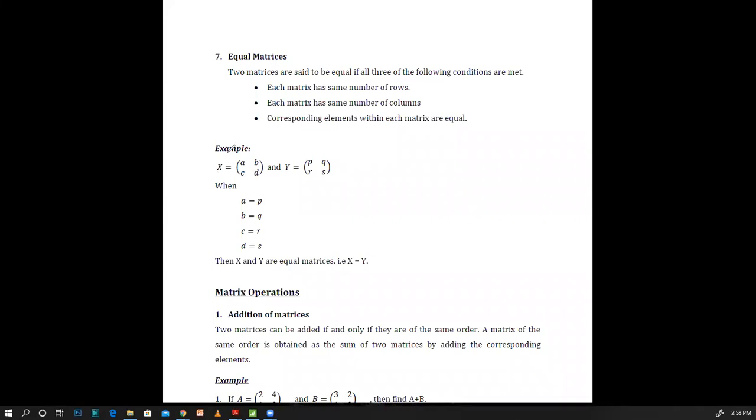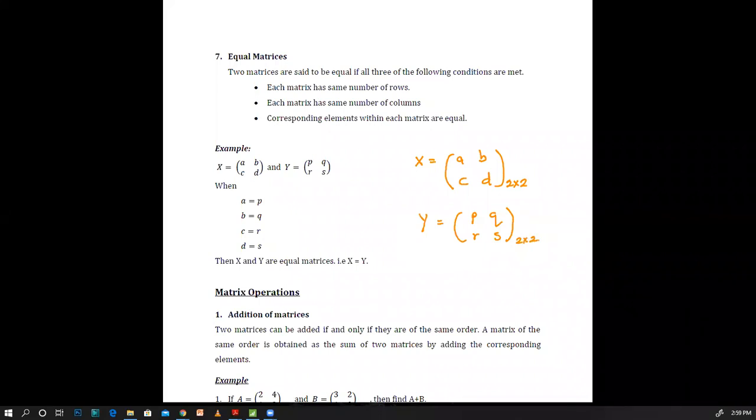They are saying that the matrix X is given with the elements A, B, C, and D, while the matrix Y has the elements P, Q, R, and S. Now we can see that this is a 2 by 2 matrix. This is also a 2 by 2 matrix.